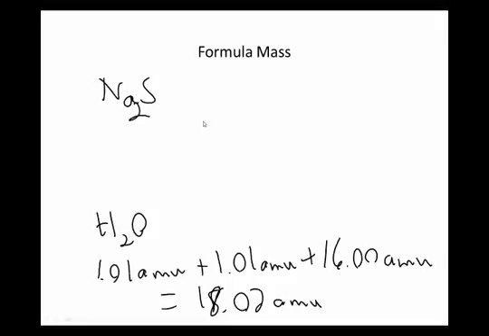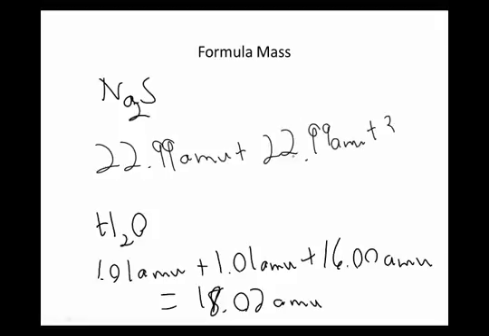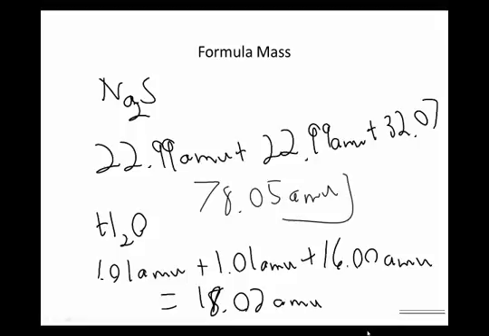Looks like 22.99 AMU plus 22.99 AMU plus 32.07 AMU, and I get 78.05 AMU. Okay, there we go. And so that's my formula mass for sodium sulfide.